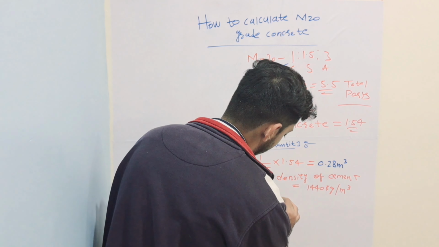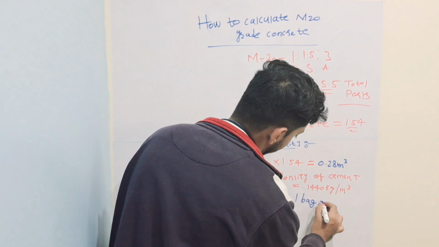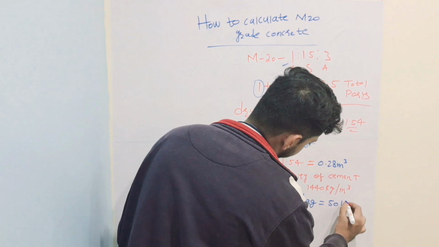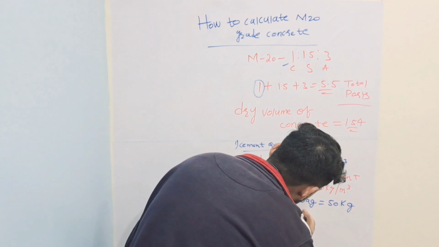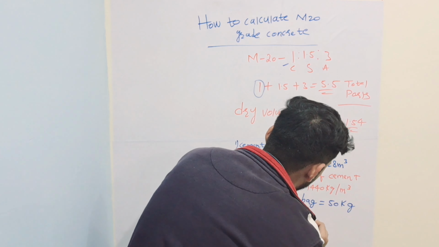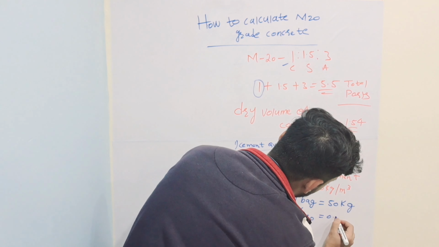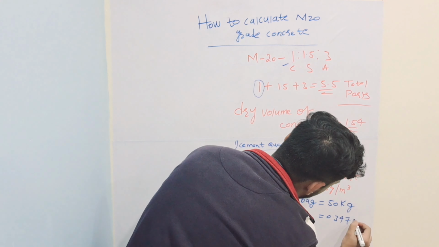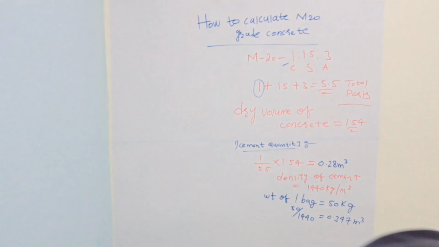The weight of one bag of cement is always 50 kgs. So there is a small thing you need to remember: divide 50 by 1440, and you get 0.0347 meter cubes.